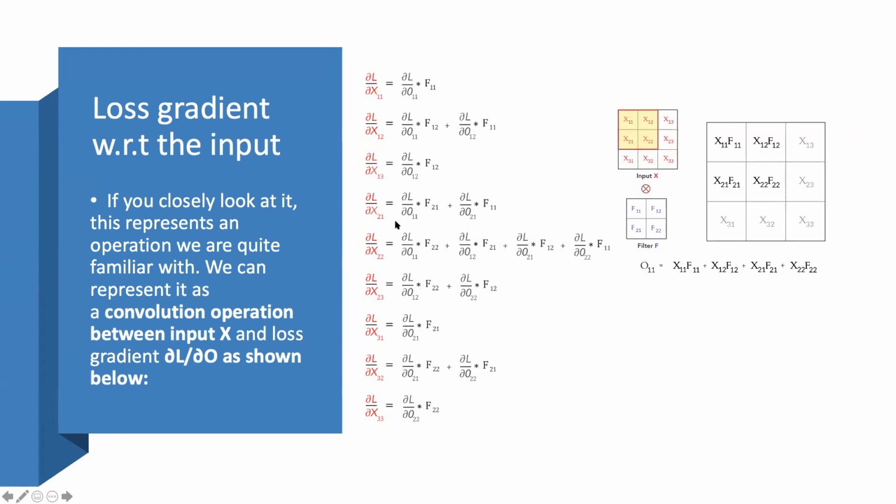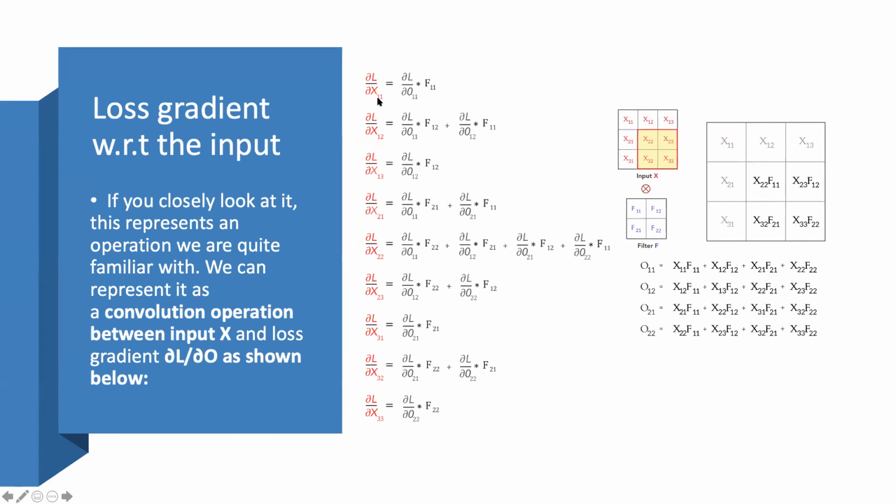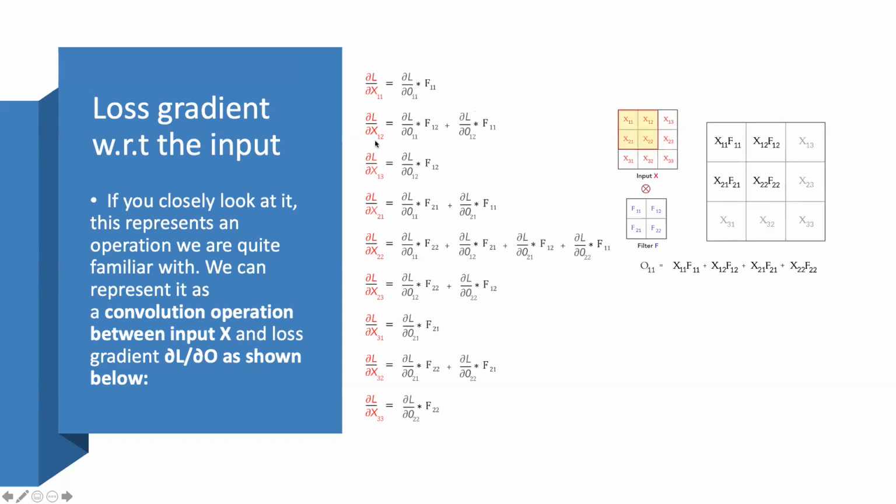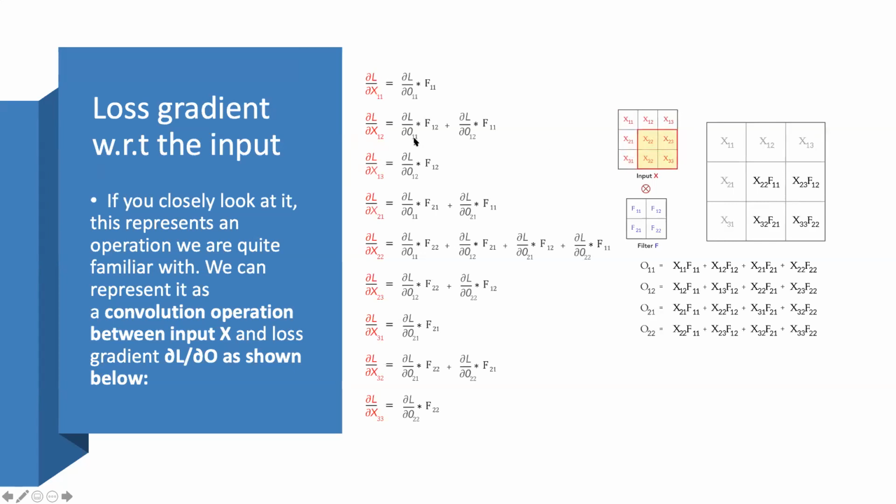Let's find, okay. So what about x11? X11 has affected which output? It's affected, we can see, o11. What about x12? I think it's affected o11 and o12.